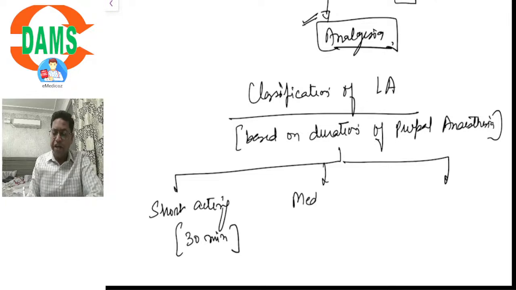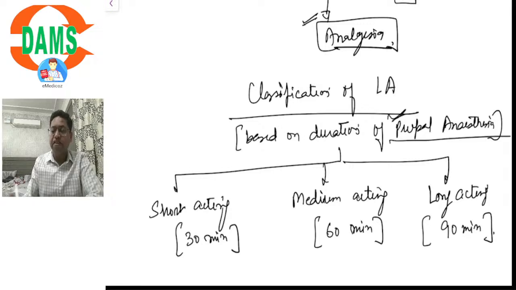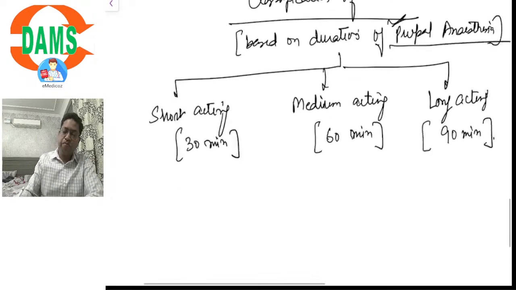Then they are medium acting. Medium acting provide 60 minutes of pulpal anesthesia. And then there are long acting local anesthetics that provide up to 90 minutes of pulpal anesthesia, because we are dealing with endodontic pain control. So three categories of local anesthetics we can choose from.